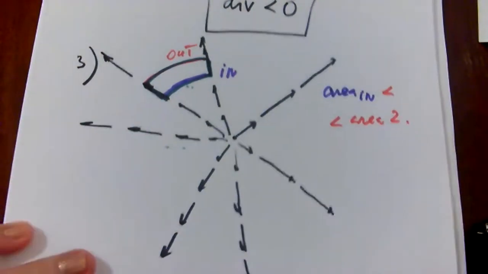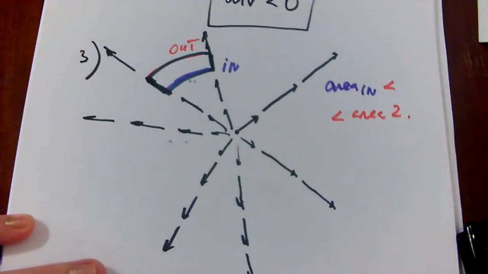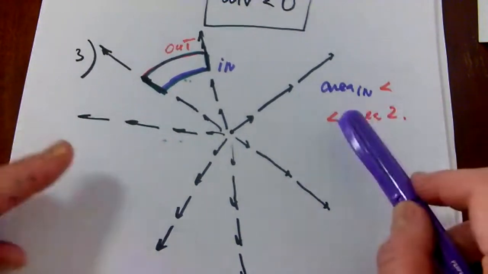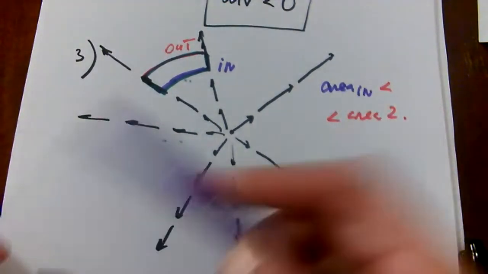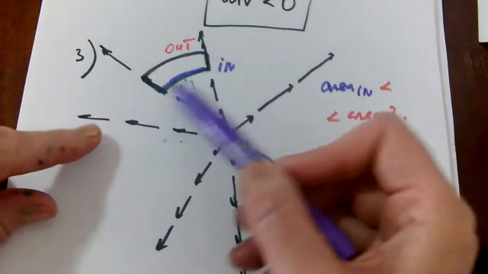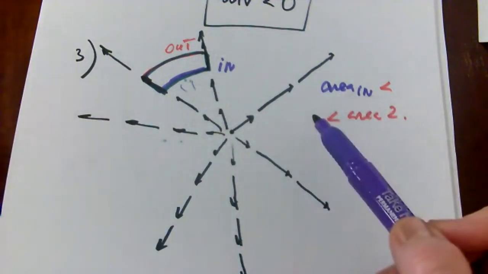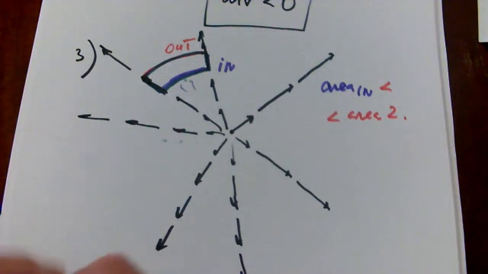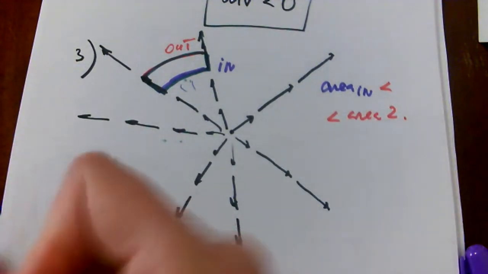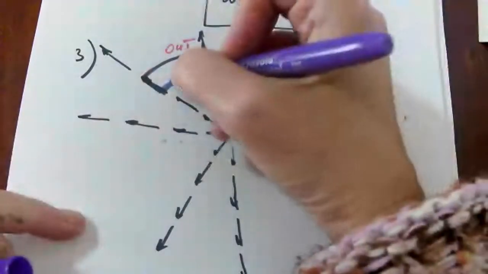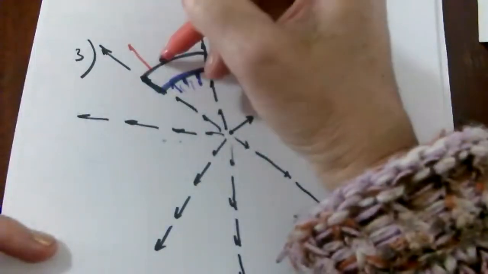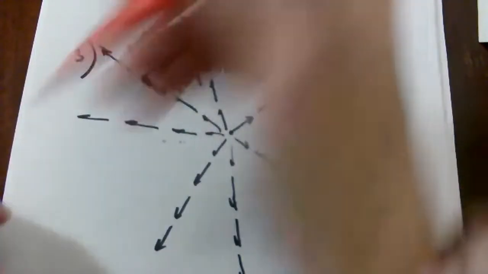Not only the length of the vectors should be taken into consideration, but also the areas, because flux is a product of all the vectors coming into this surface times this area. So we should be careful. But okay, let's compare the lengths of the vectors. The vectors coming in are shorter. They are short vectors. And vectors which are coming out are longer. This is the tendency of our field.